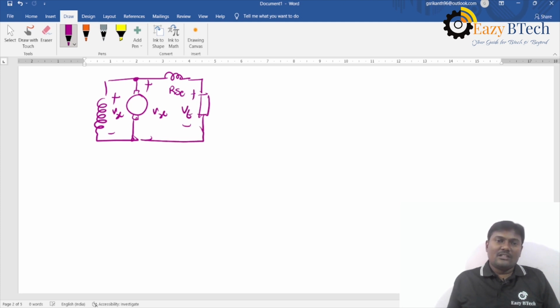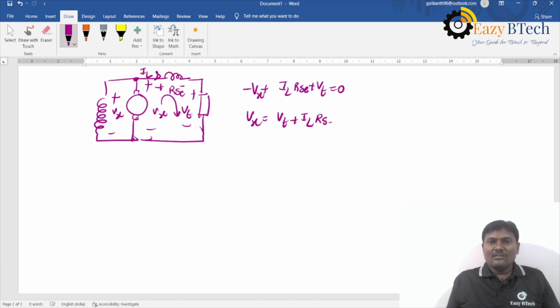The terminal voltage is VT. The current is flowing in this direction. So minus Vx plus IL into RSC, the load current, plus VT is equal to 0. Now Vx is equal to VT plus IL into RSC.